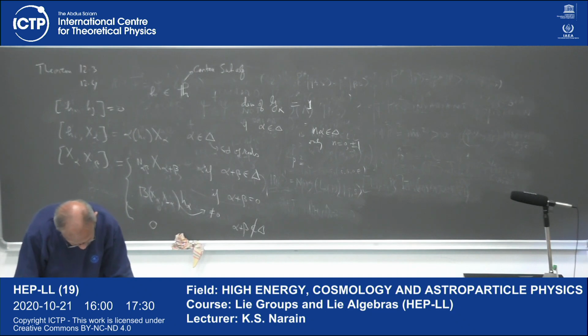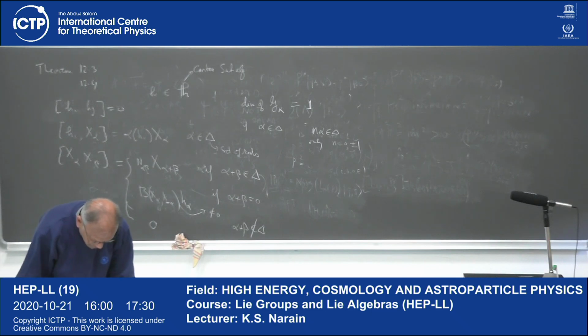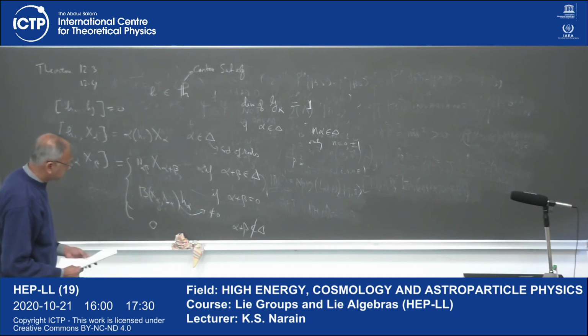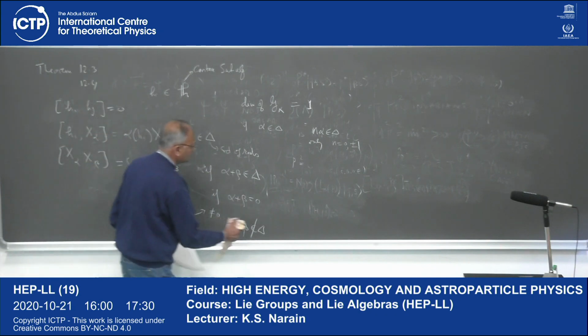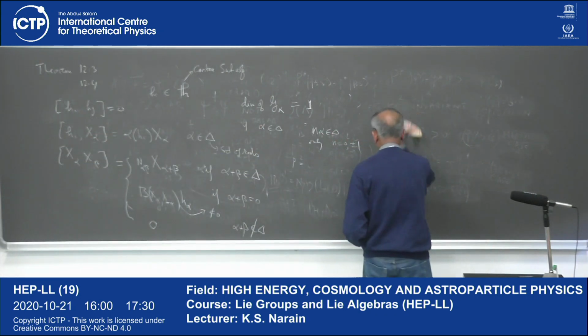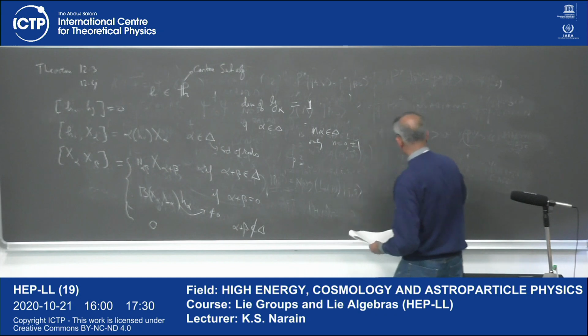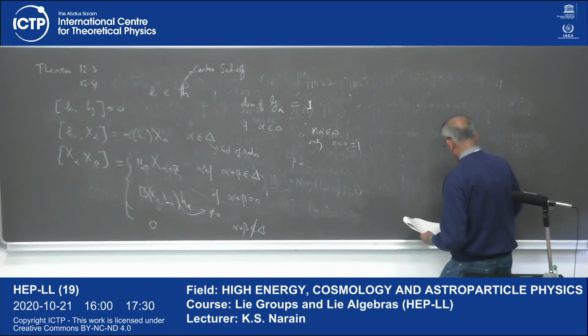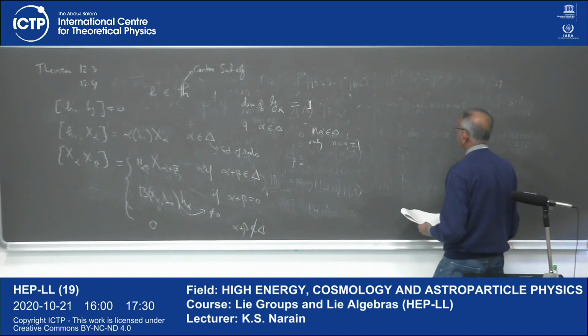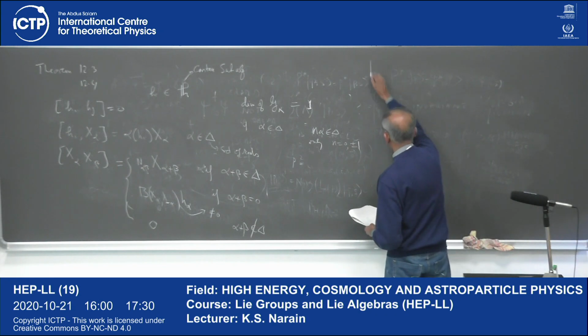Now let's go on to the next point. In doing so, we have used many times the SU(2) algebra structure. In many of these proofs, we considered what we call alpha strings. So this is a definition.